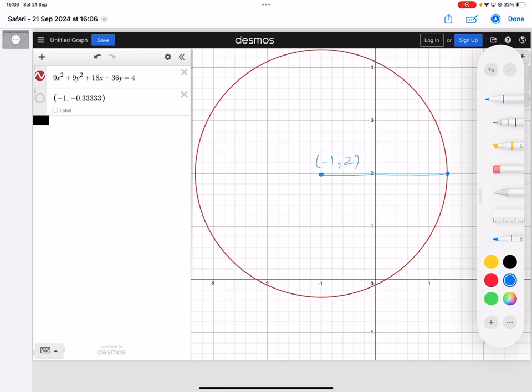If you click on it on Desmos, you'll get 1.333 for this. Okay? So you just find the difference. Minus 1 to 1.333. The radius is 2.333 or 7 over 3. Okay, 2.333. You can just write that down.